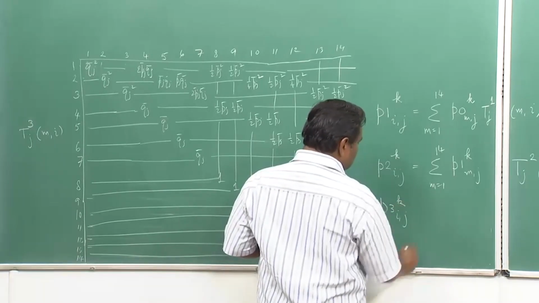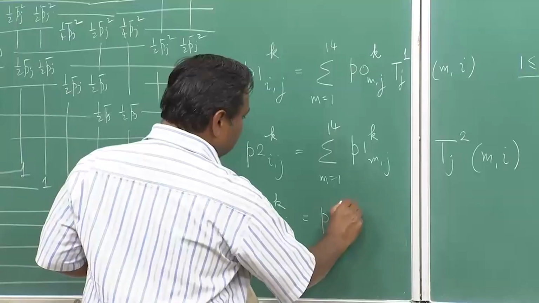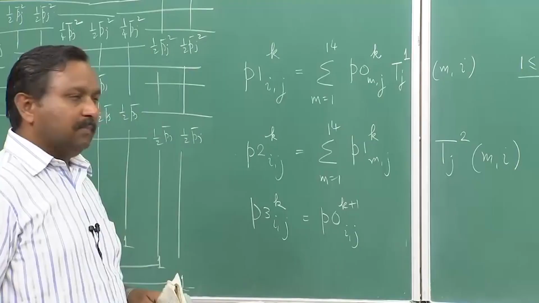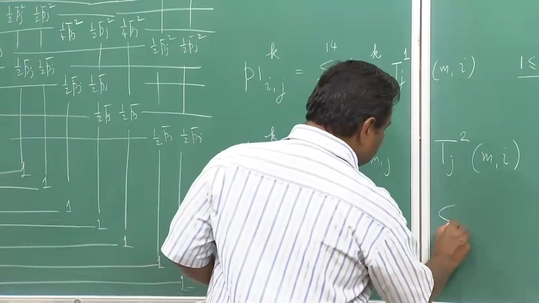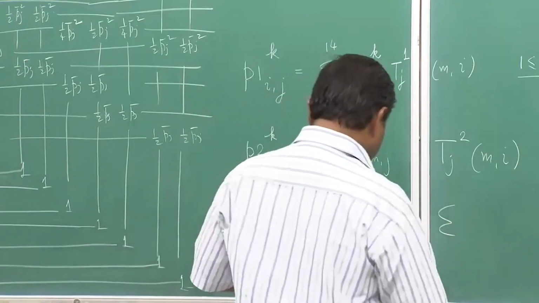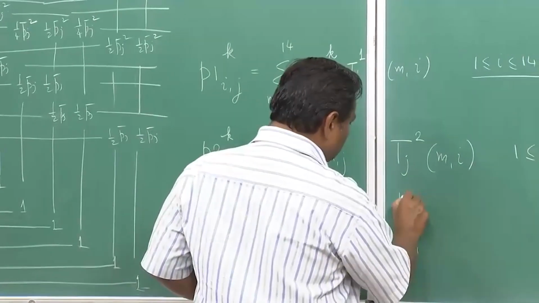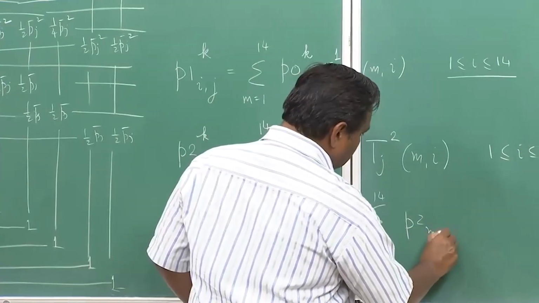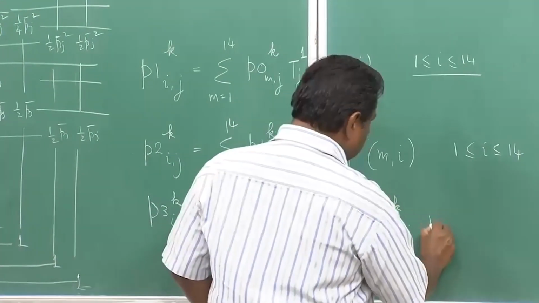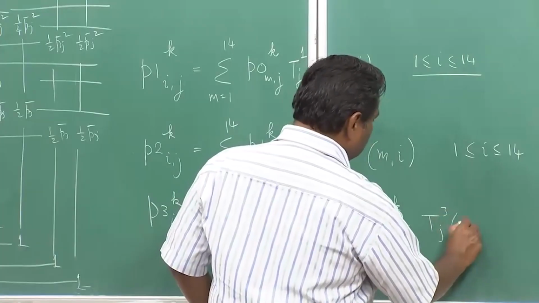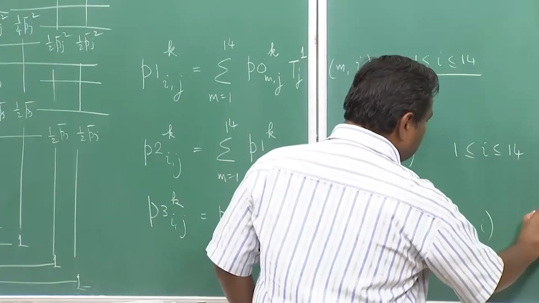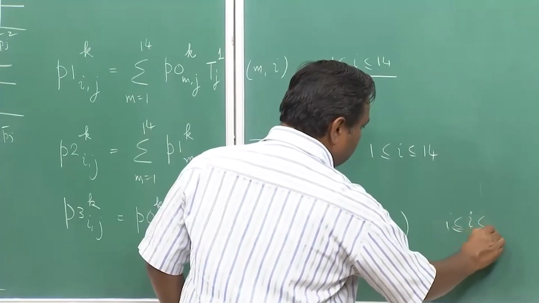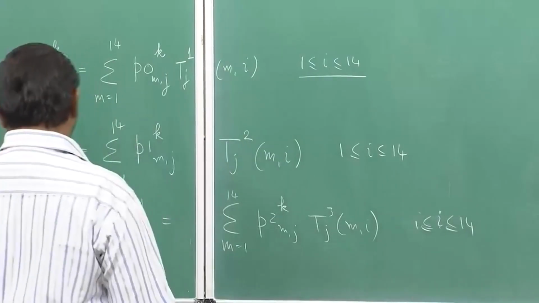This incidentally also is equal to P 0 k plus 1 i j as per the way I have defined. So, I can write down the equation as sum over m from 1 to 14 of P 2 m j in step k T j 3 m i, where i goes from 1 to 14.